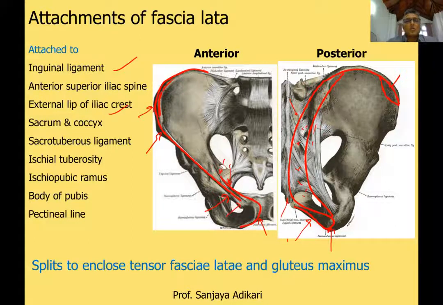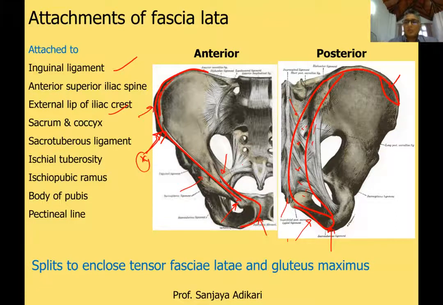If someone asks you to describe the attachment of the fascia lata, you had better start from one end of this leaf. If you ask me, I will start from the pubic tubercle or the inguinal ligament and end at the pectineal line. If you start from somewhere in the middle, it's difficult to continue, because you are left with one half. So always start from one end and continue and end at the other end.